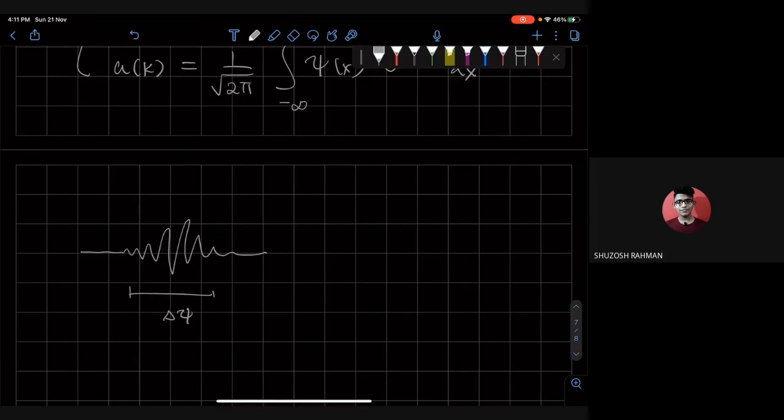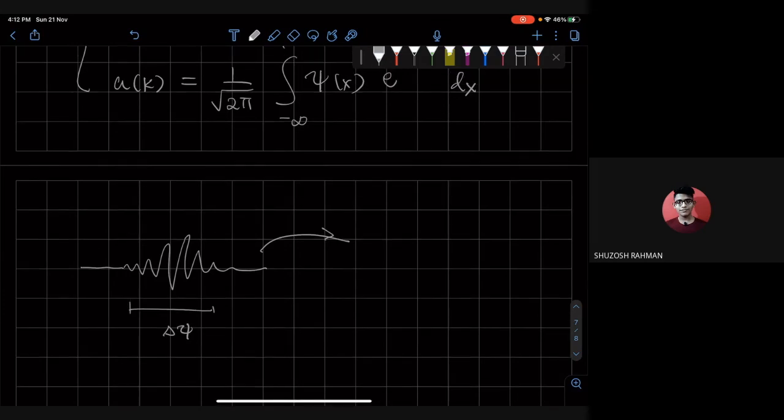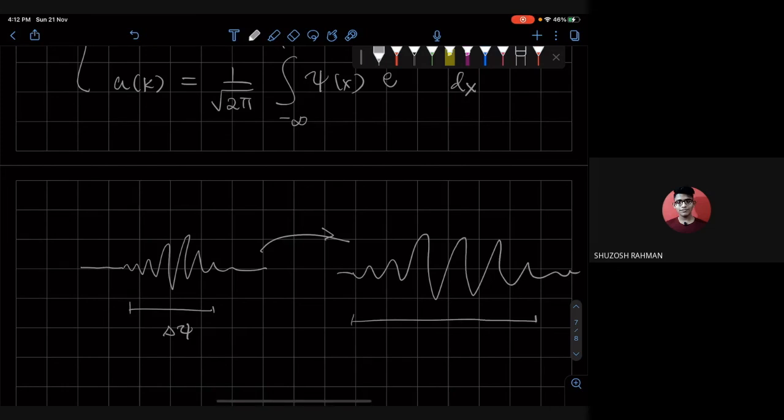That means if I do the Fourier transform of this, so this is what psi looks like at some time, the A will look like this. I'm being very heuristic, and this is going to be delta A.